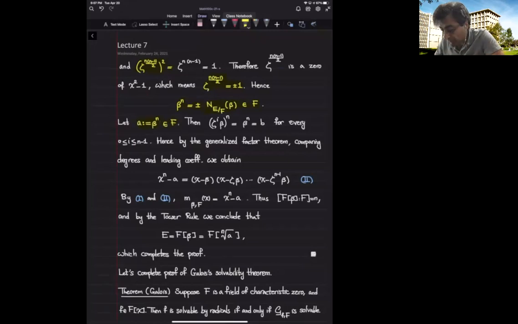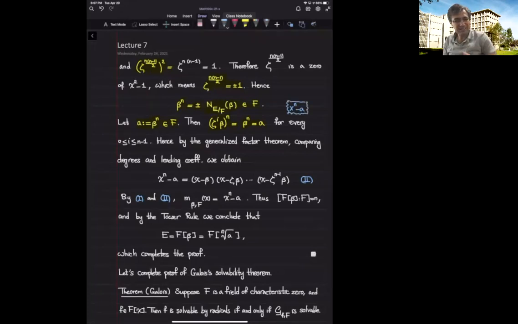Then zeta to power i times beta, when I raise this to power n, I still get beta to the n because zeta to power n is 1. So those are also a. So I'm getting n distinct zeros for the polynomial x to the n minus a. So all of these are zeros of x to the n minus a.